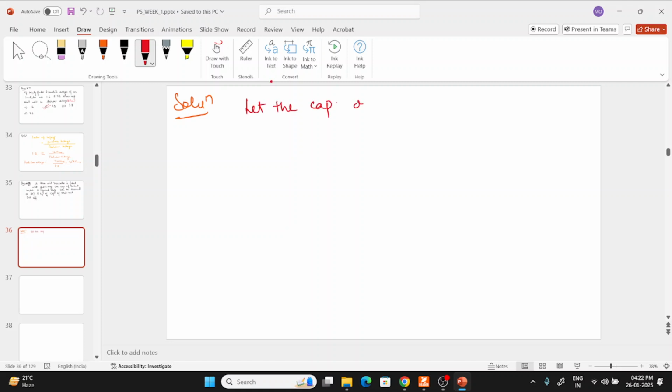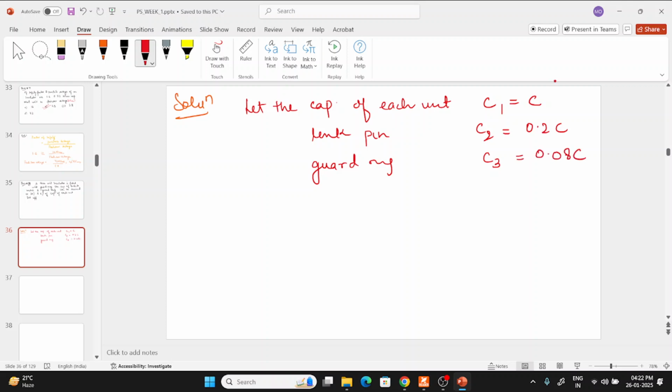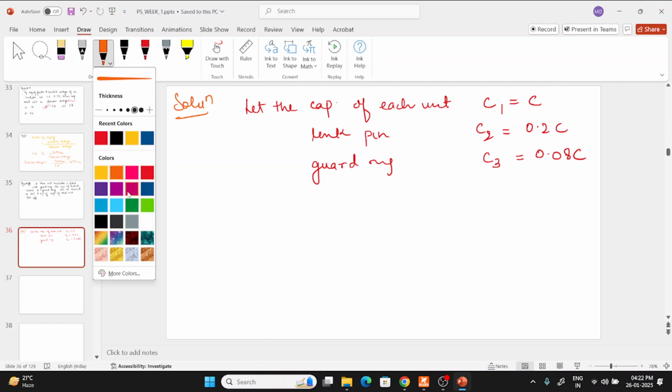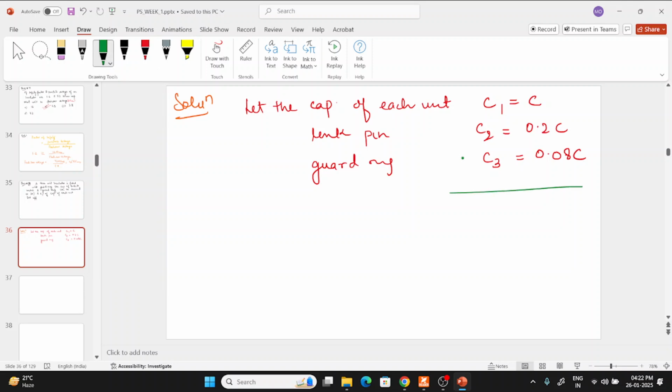Let the capacitance of each unit be C, so C1 is equal to C. Then the capacitance of the link pin, let's say C2, is 20%, so it will be 0.2 C. Then the guard ring, let's say C3, is equal to 0.08 C. So finally, this is C1. Just a second.